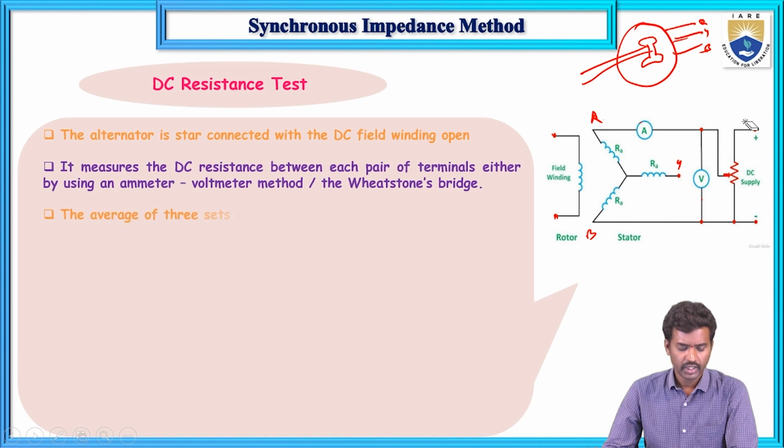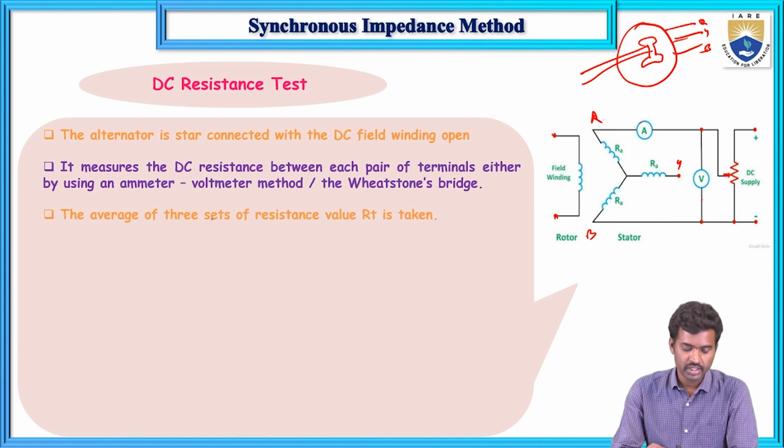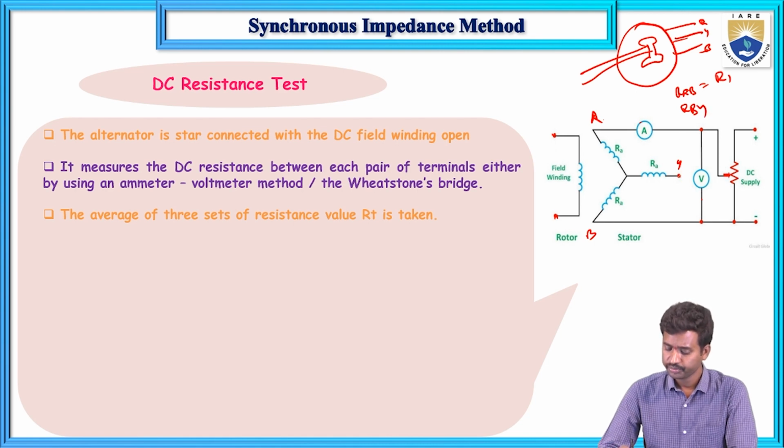Next step, the average of the set of resistances. From this you can calculate the first resistance, the resistance of RB, which is R1. Second case, the resistance of RBY, with this wire connected here and not here. That is R2.